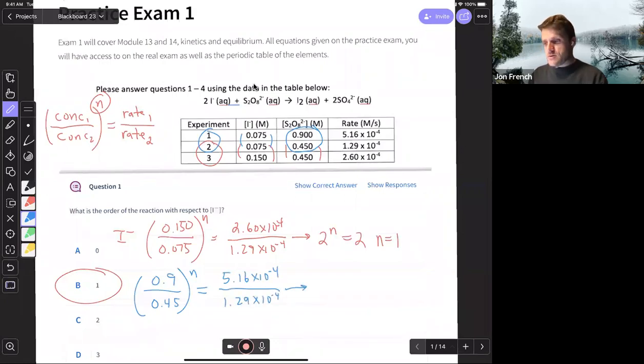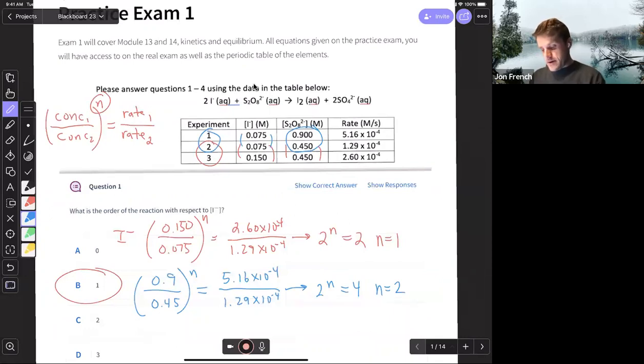Now I divide those 2 and I get 2 to the n equals 4. What this means is I doubled my concentration, but my rate of the reaction quadrupled. So 2 raised to what power equals 4? 2 squared equals 4. So our reaction with respect to the other species in the reaction is second order.